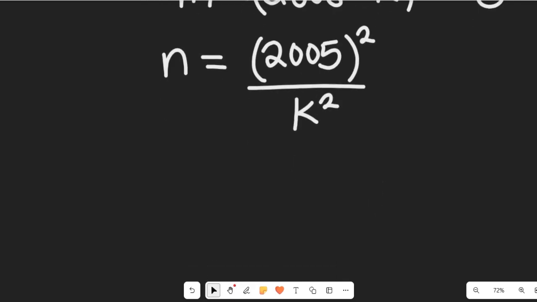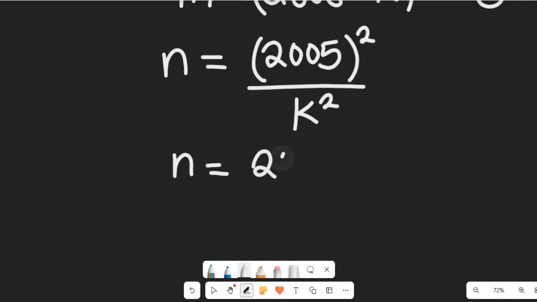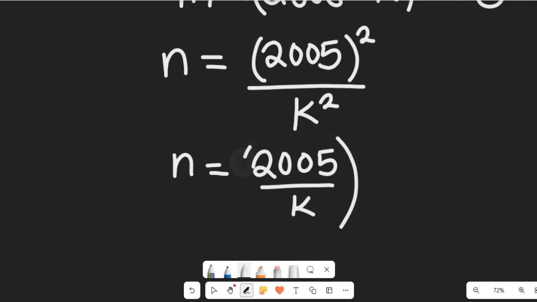Now the value of n can simply be equal to 2005 divided by k, and all of this squared. So I'm going to consider that to be equation 2.